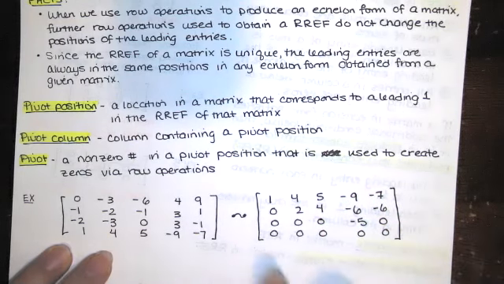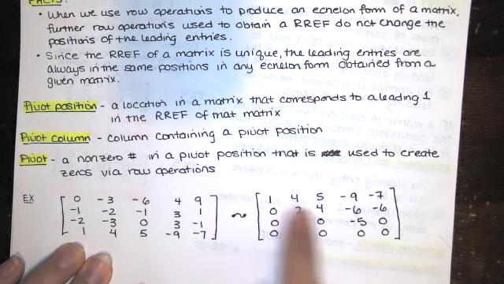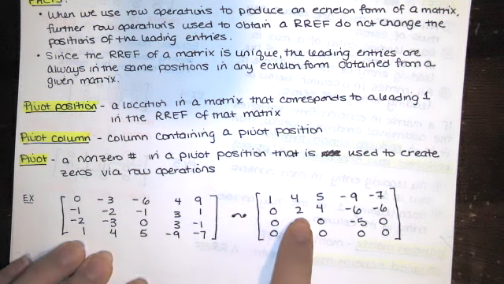As we go from echelon form to reduced row echelon form, all of the operations we engage in don't change the positions of those leading entries. This leading entry stays in the first row and first column. This one stays in the second row and second column.